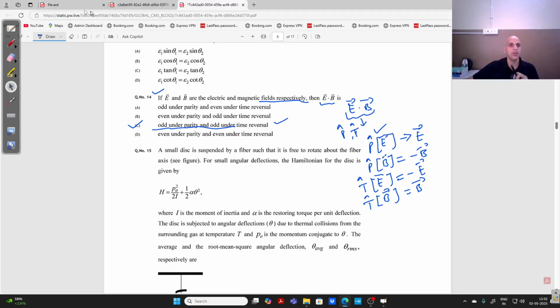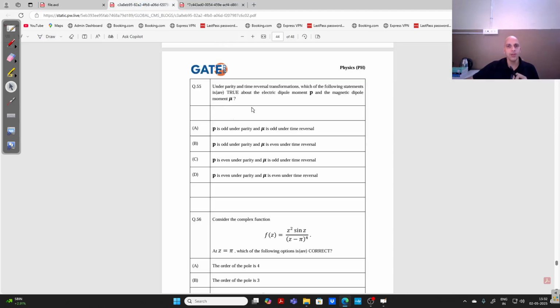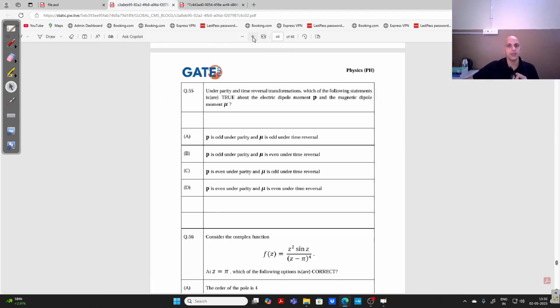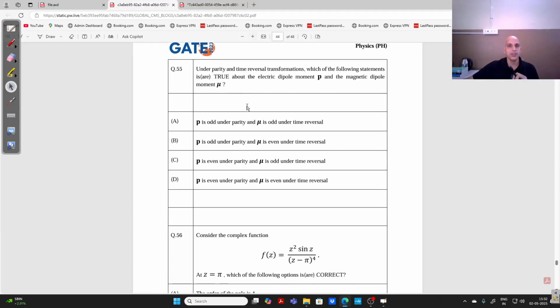Now I am coming to one more question. You can see these questions are from GATE exams. Under parity and time reversal transformations, again the same thing: which of the following statements is true about electric dipole moment P and magnetic dipole moment mu?